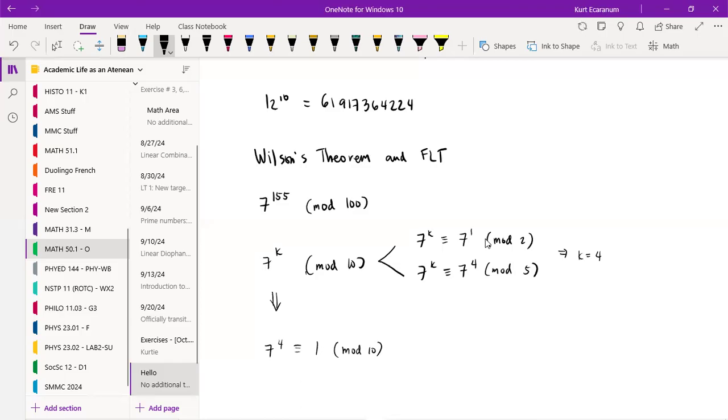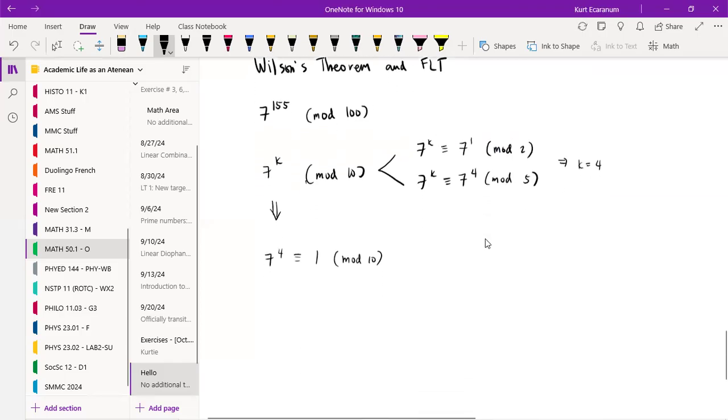And we are malayo pa. Anyway, ang ibig sabihin kasi nito, ang units digit ng 7 to the 4 is 1. Okay?